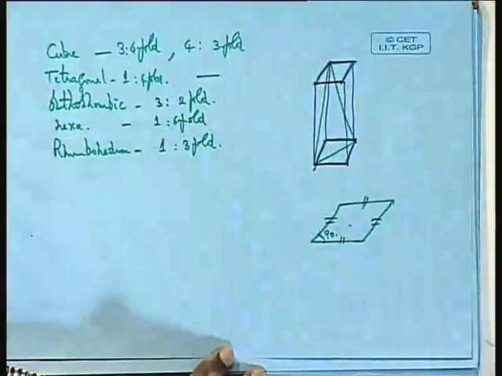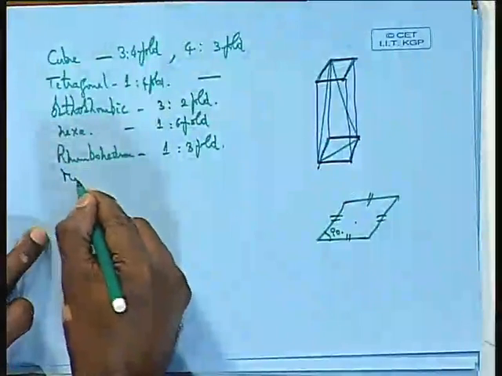If you want a four-fold symmetry in a four-sided polygon, you should have the angles 90 degrees. Only the square will have a four-fold symmetry. A plane like this will not have a four-fold symmetry. So you lose all the four-fold symmetries. There are three four-fold symmetry axes in a cube. You lose all three of them, and there will be zero four-fold symmetries. The highest symmetry that is possible is one three-fold symmetry.